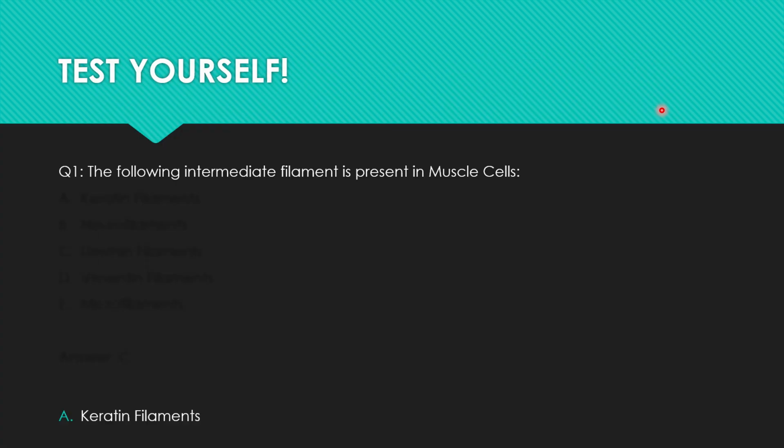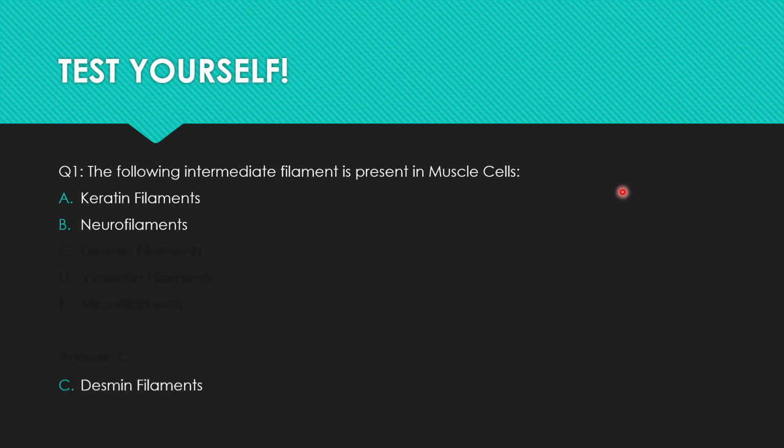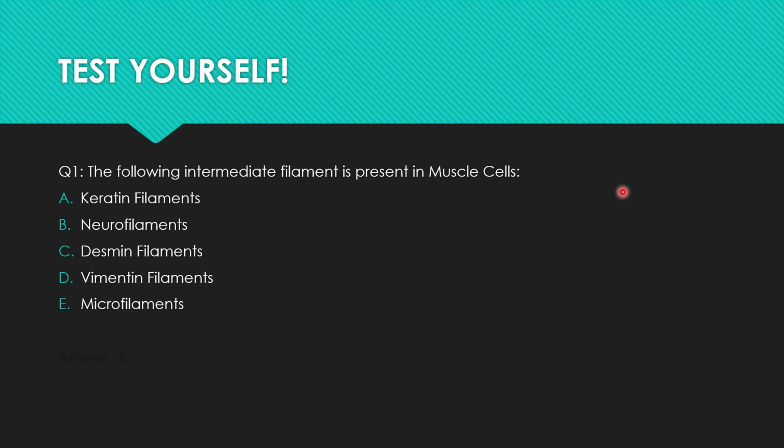Now, the following intermediate filament is present in muscle cells: keratin filaments, neurofilaments, Desmin filaments, vimentin filaments, and microfilaments. If you have answered C, you are correct, because these are the Desmin filaments which are present in the muscle cells.